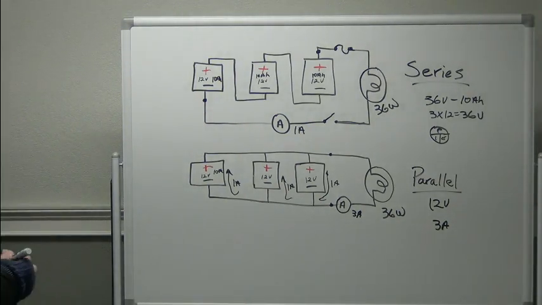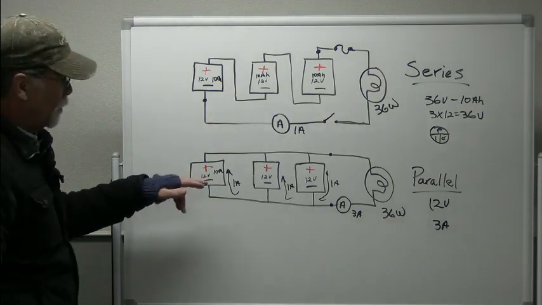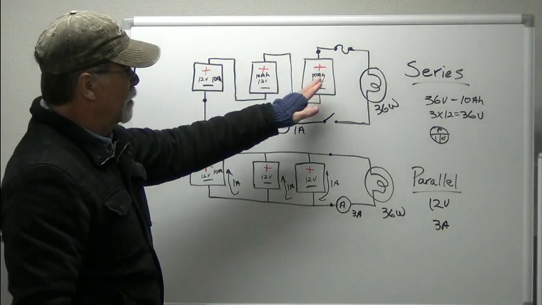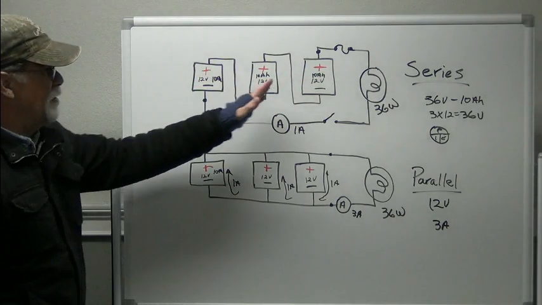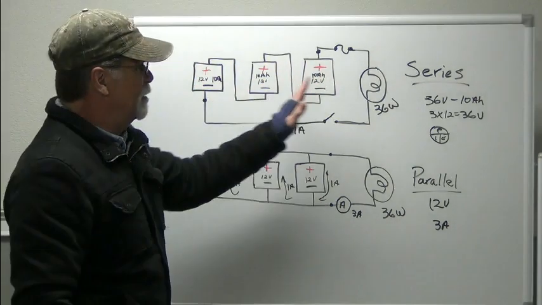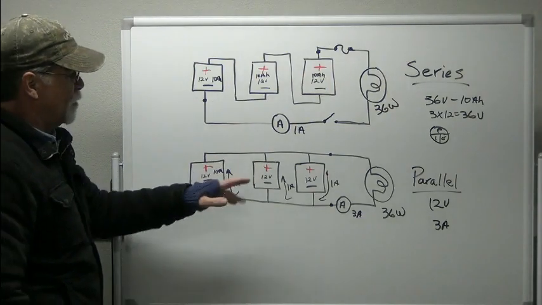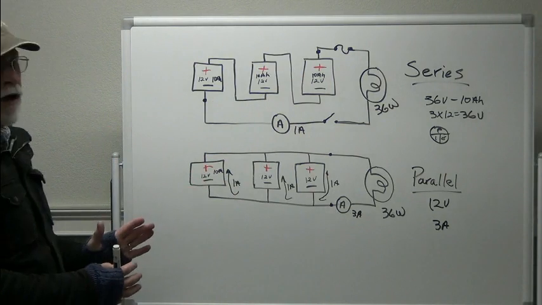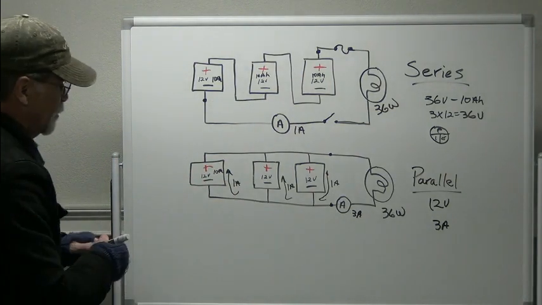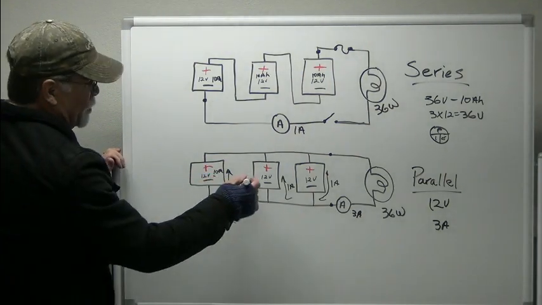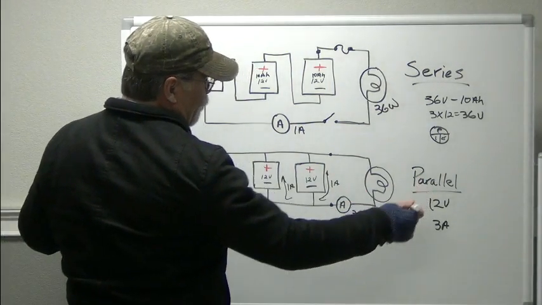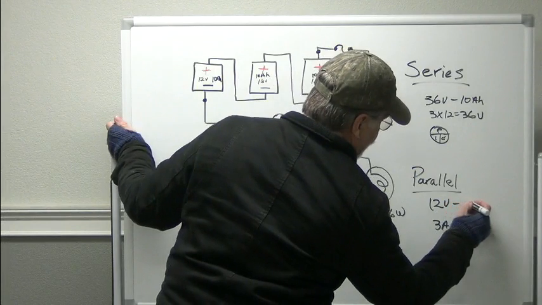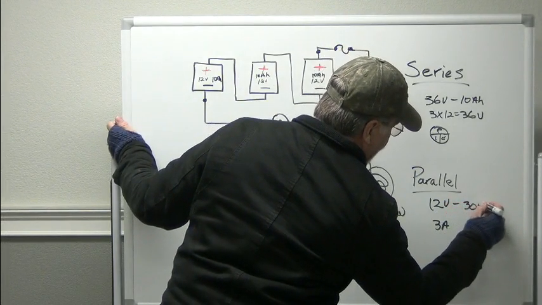So the other thing is, whereas the capacity did not change, we have 10 amp hours of capacity. In these, we have 3 cells that are connected together, so it's like one big 12 volt cell. So the capacity actually adds here. So you've got 12 volts, and we're going to have 30 amp hours.